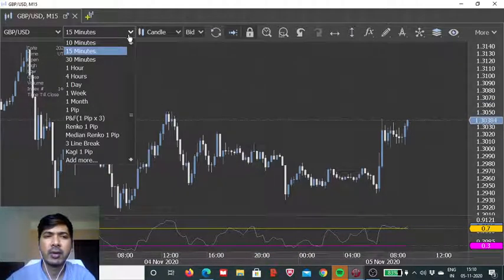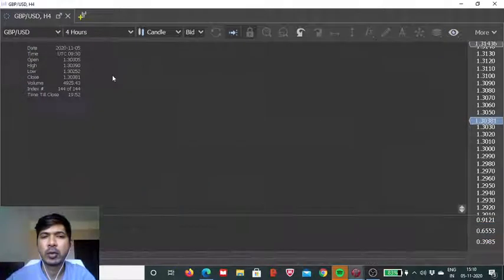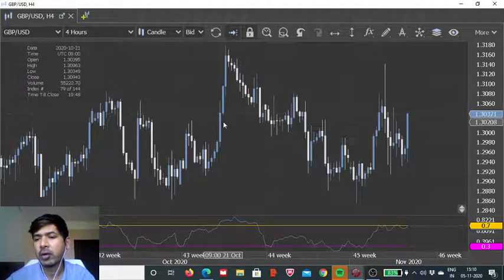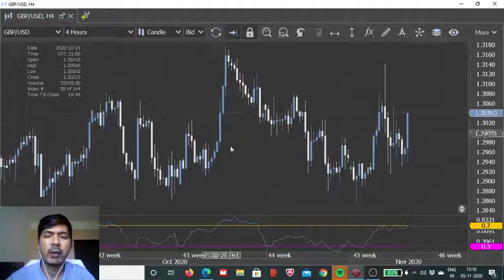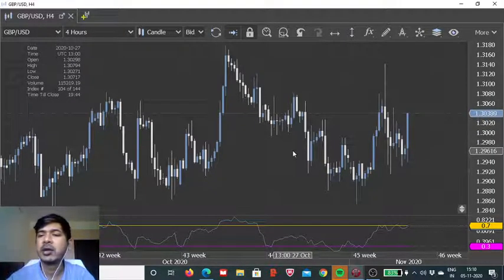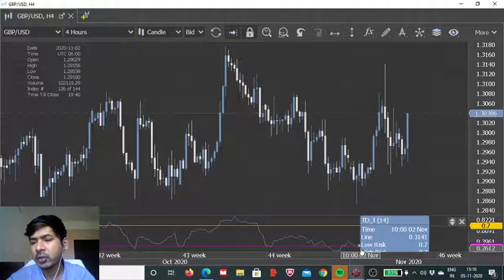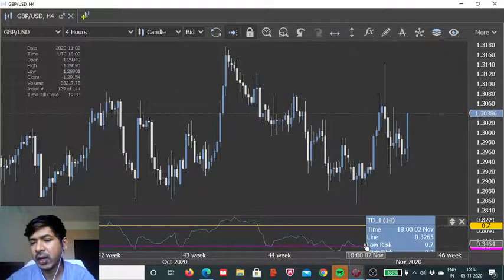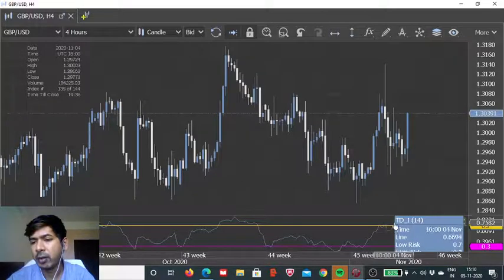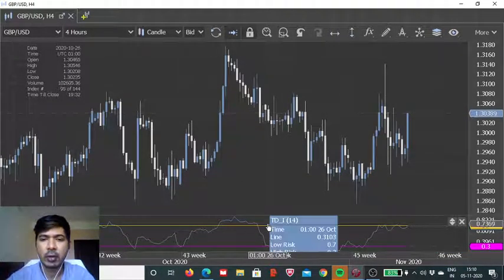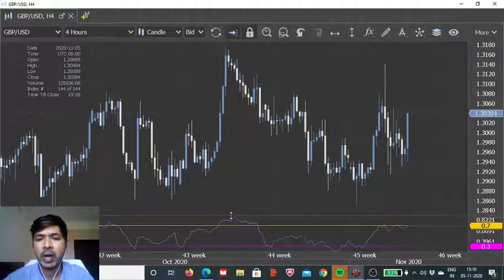As I said, we can always change these parameters. Suppose if you want to work with a different time horizon, then all you have to do is change one of the parameters. Now when I change the 15 minutes to 4 hourly, the trading opportunities will also change, and the trades will be for a lot longer time horizon, and the trade signals will also be generated a lot less, as we will need more time for the confirmation of any particular signal.